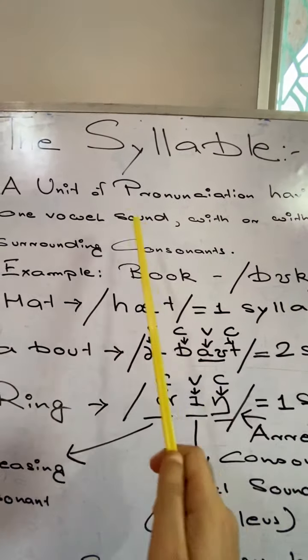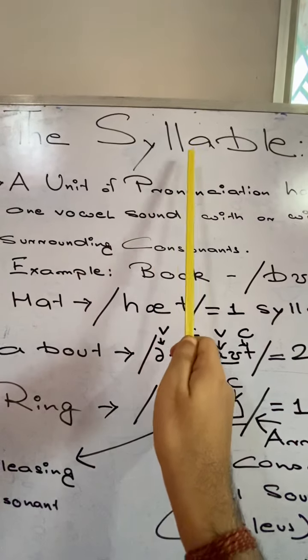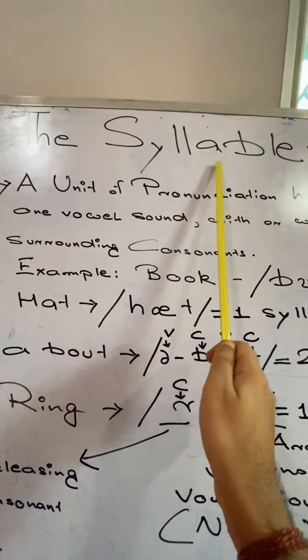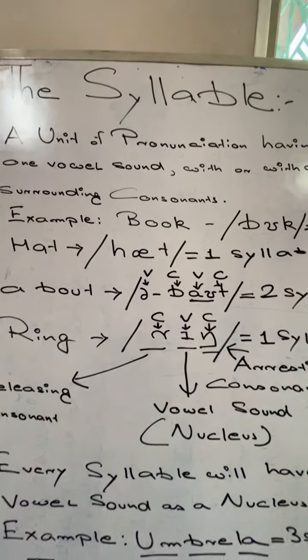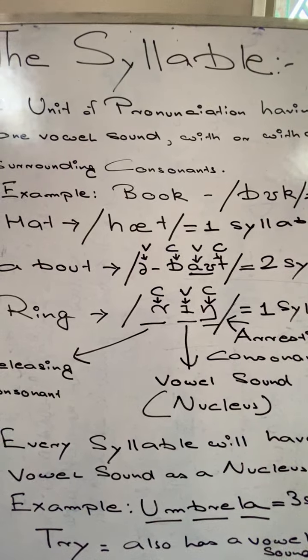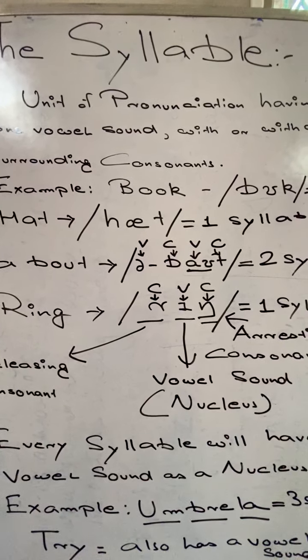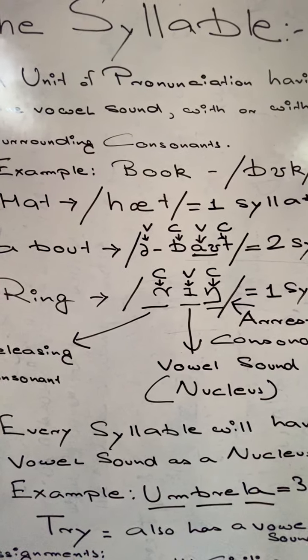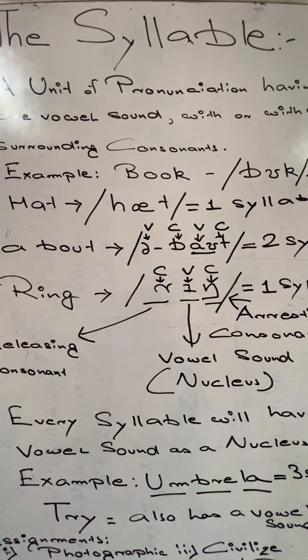Sy, la, bul. There are three syllables. This is what a syllable division is all about.